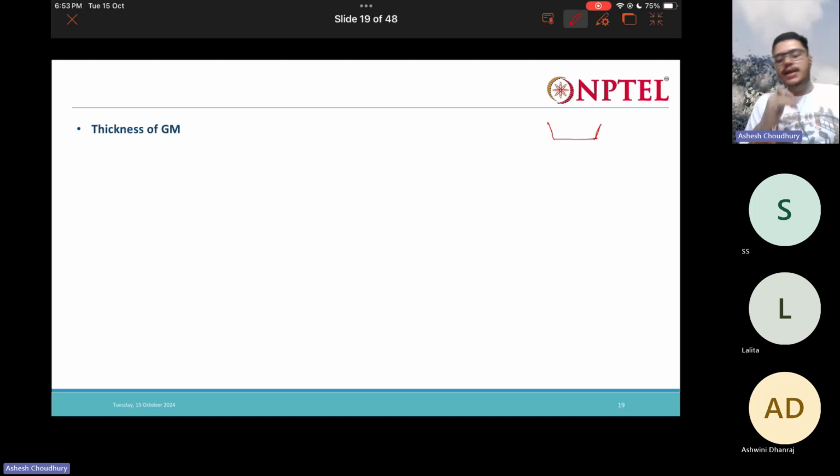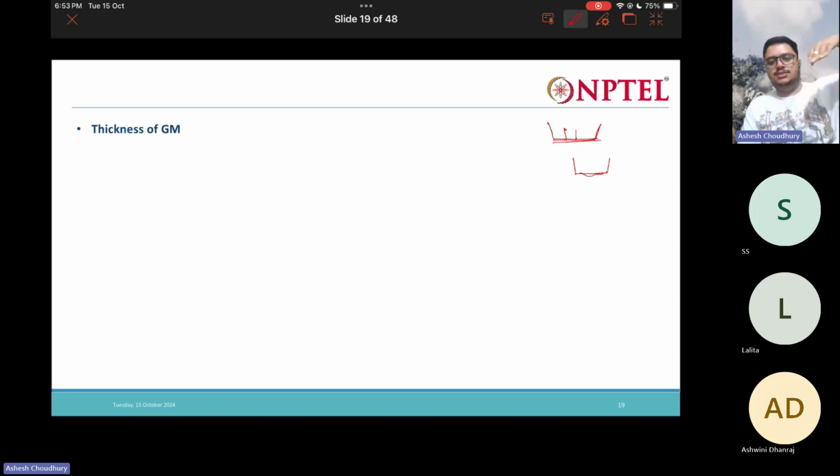Now due to the load that is coming here on the geomembrane, initially it is straight, but due to the load, you can have some bend like this. It might not stay straight, it might get distorted like this.